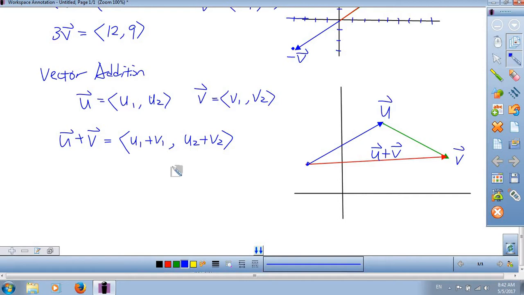It's very simple. You just add their components together. And when you multiply by a scalar, you simply multiply the scalar into the components. So when you multiply a scalar k times u, you will simply have k times u1 and k times u2. Those are the rules for vector addition, and this is scalar multiplication.